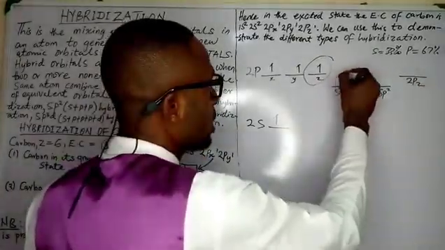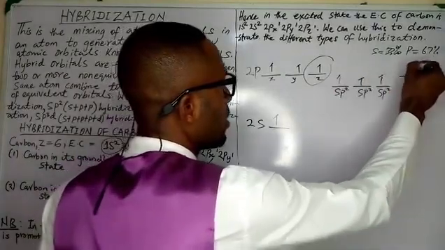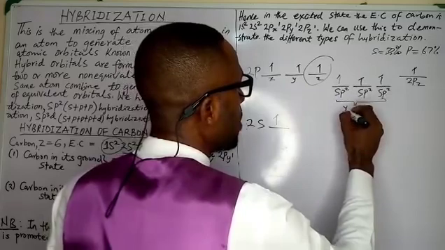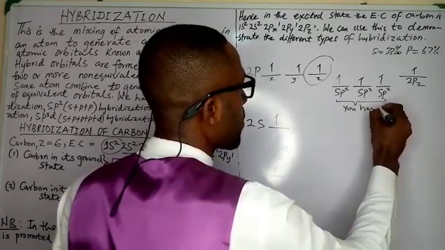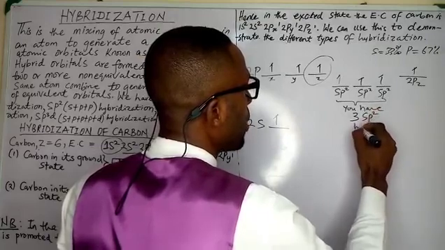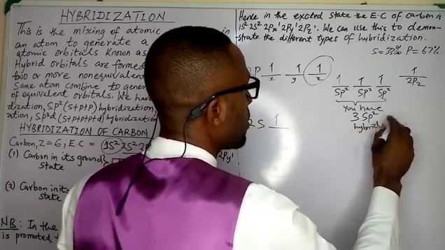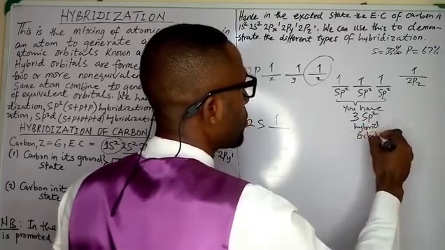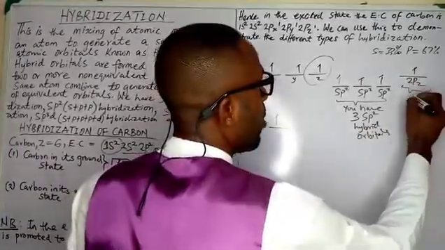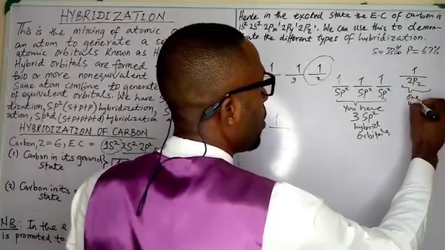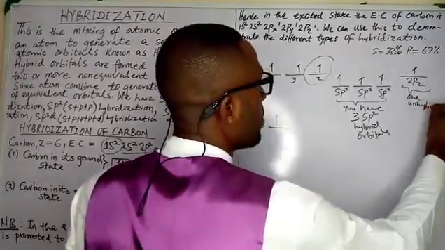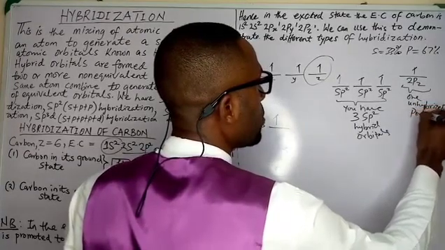Again, you distribute the electrons like this. So here you have 3 sp2 hybrid orbitals and 1 unhybridized p orbital.